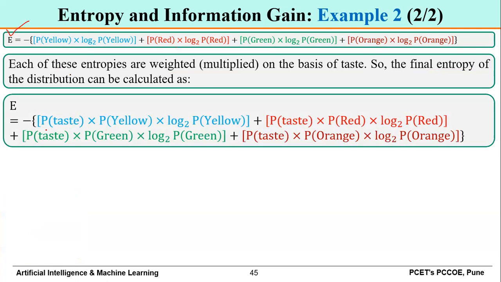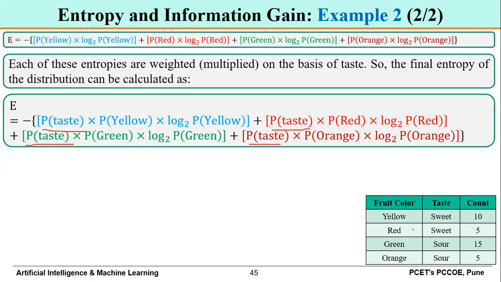You can see here, for yellow entropy we multiplied the corresponding taste factor. For red entropy we multiplied the corresponding factor, for green the corresponding entropy, and for orange as well. So this is how we need to provide weight to each entropy.